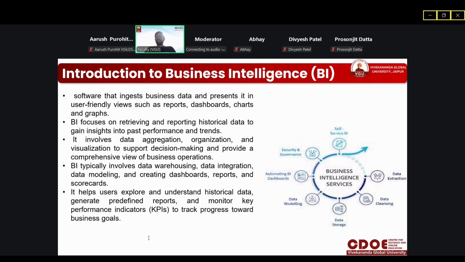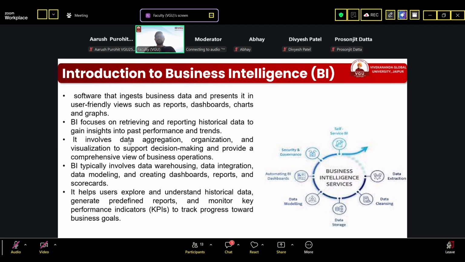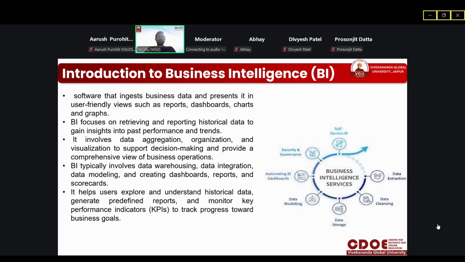How BI works: we all know if we have the results of the last one year, now I can represent the data in different visual representations. So these visual representations define how BI works. It involves data aggregation, organization, and visualization to support decision making and provide a comprehensive view of business operations.